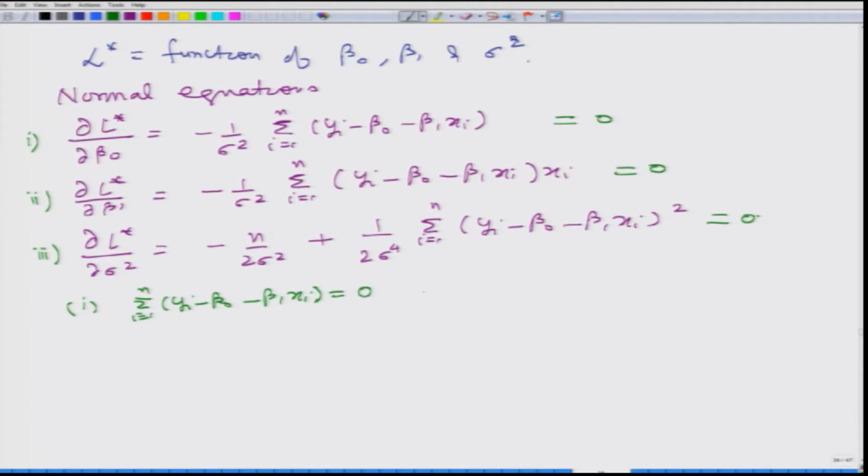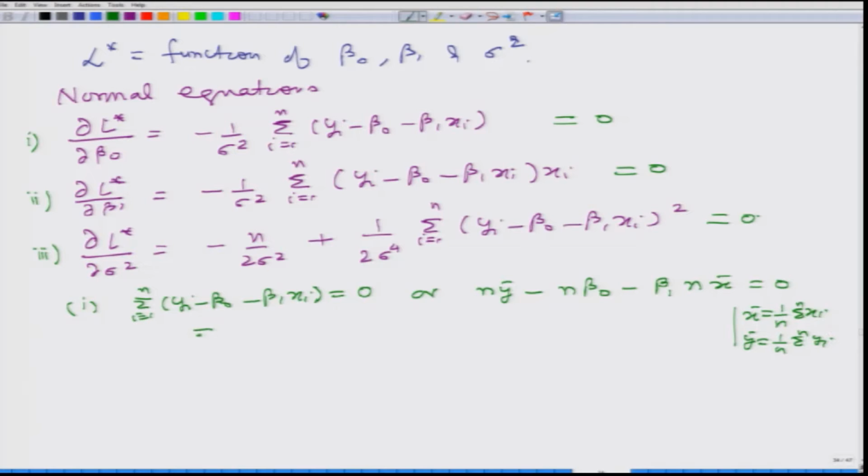This can be written as n times y bar minus n times beta 0 minus beta 1 times n times x bar equal to 0, where x bar is 1 over n summation x_i, and y bar is 1 over n summation y_i.